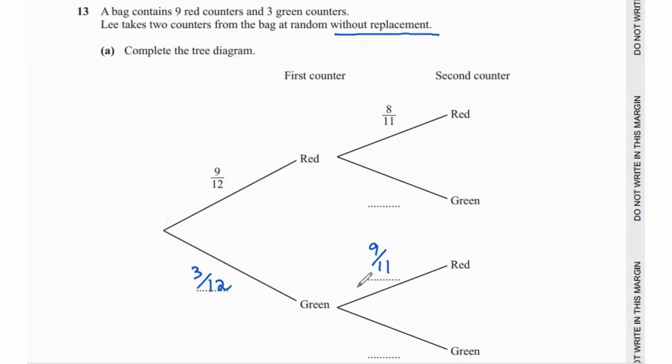So that means nothing happens with the number of red counters. However, the total number of counters is reduced by 1. So getting a green again would be 2 out of 11. And over here, getting a green after getting a red would be 3 out of 11. These are your probabilities.